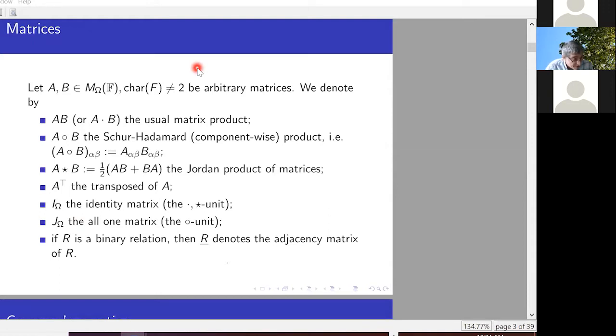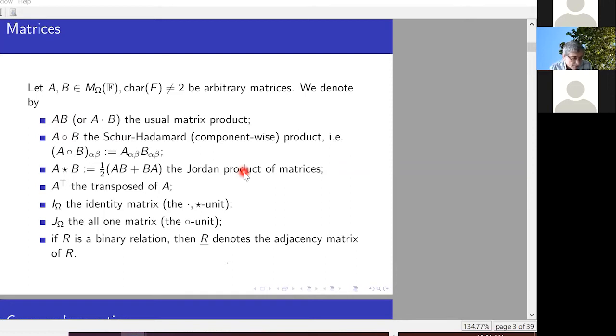There are 3 matrix multiplications used in my lecture. The standard one, denoted by the dot or just A times B, the Schur-Hadamard or component-wise product, and here is the main hero, the Jordan product of matrices.